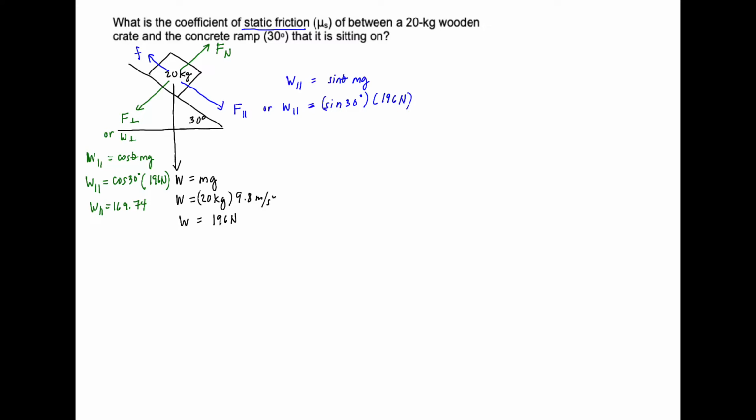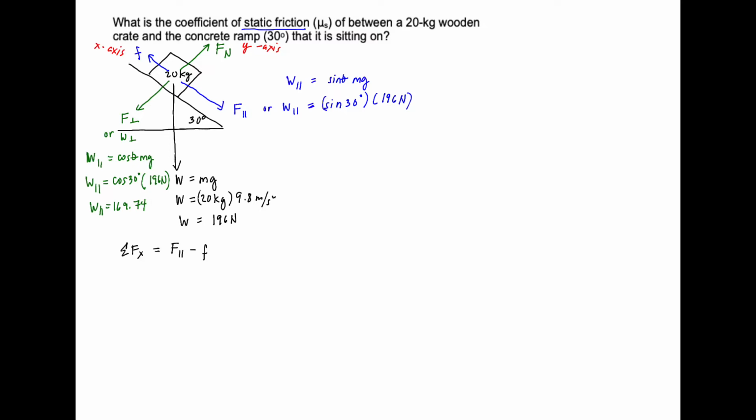Now let's try to identify the summation of forces in the x and forces in the y. So we have here the y-axis, and next we have here the x-axis. Now the summation of all the forces in the x would be the force parallel minus the friction.